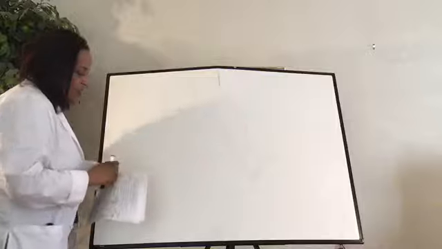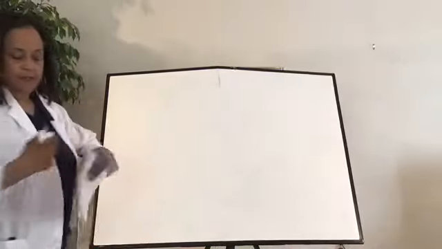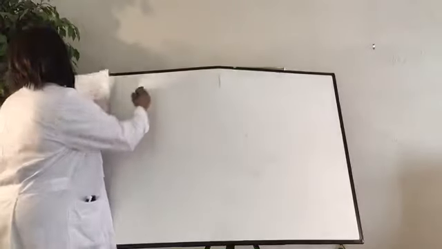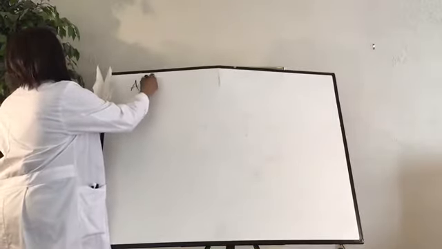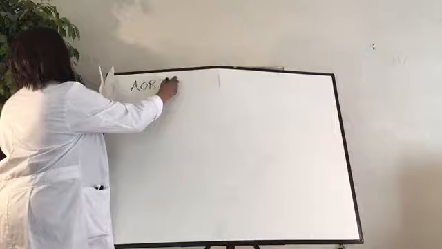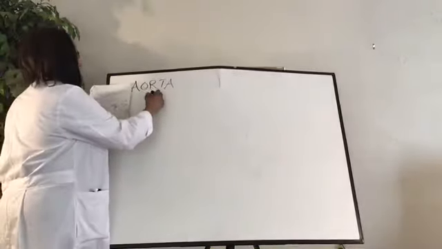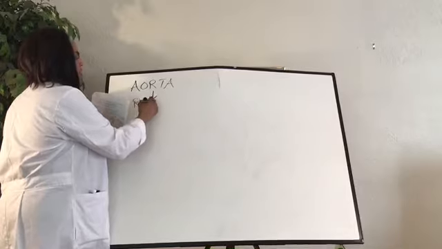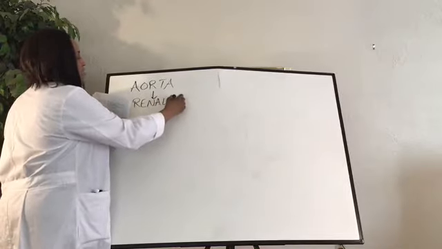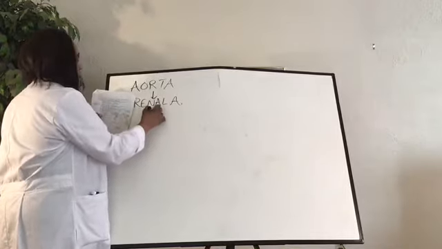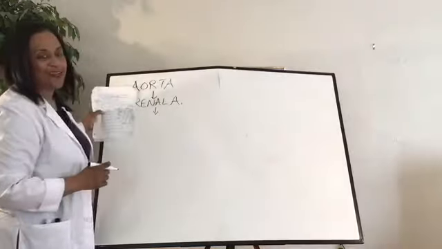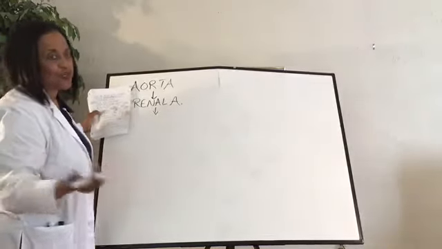So let's look at the aorta. It's going to go to the renal artery. And I'll just use the A for short, because everything coming off of an aorta is going to be an artery or an arteriole.